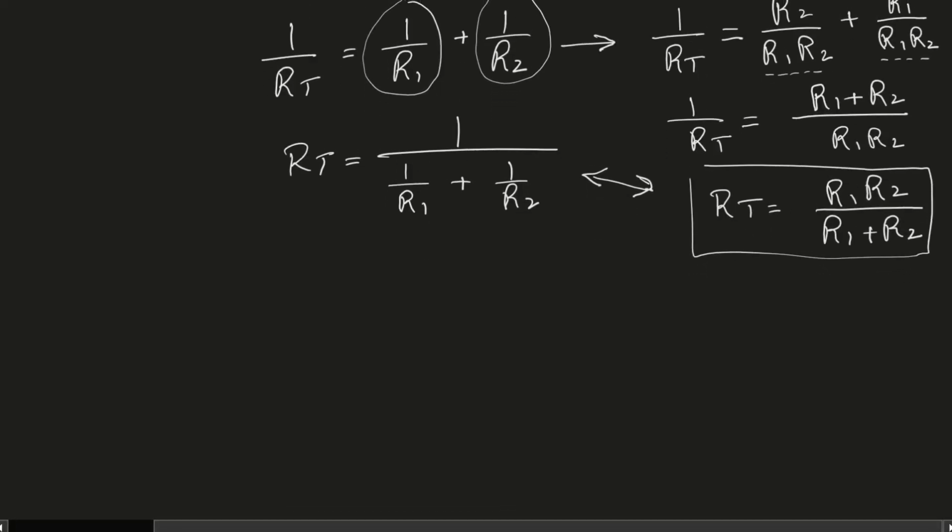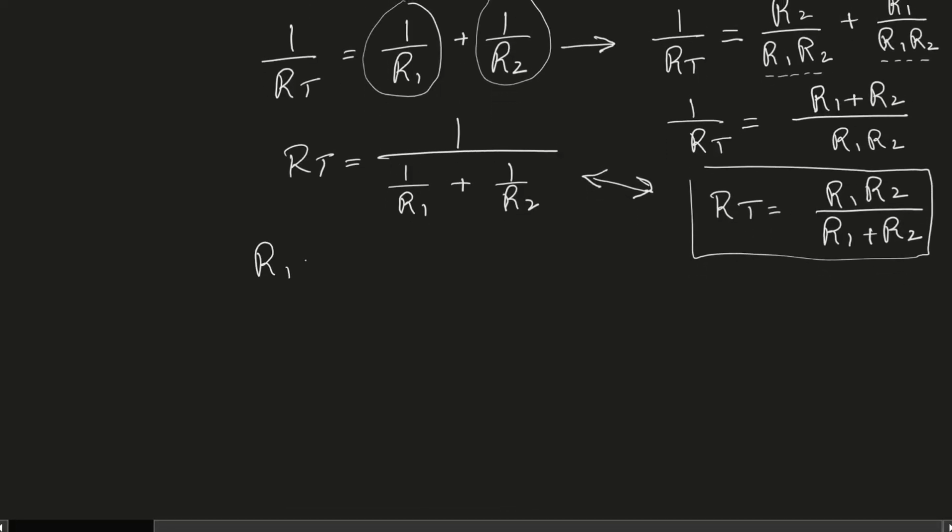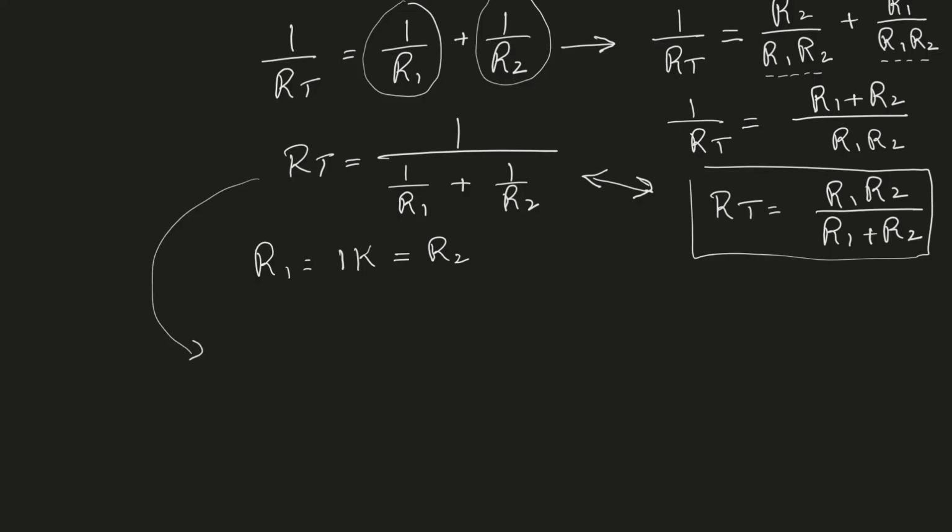As an example, let's say R1 is equal to 1 kilo and R2 is also 1 kilo. Let's say we have two resistors, both of them 1 kilo ohms. From this equation, I will get R total equals 1 divided by 1 over 1 kilo plus 1 over 1 kilo, which will be 1 divided by, so 1 divided by 1 kilo is 1 milli.